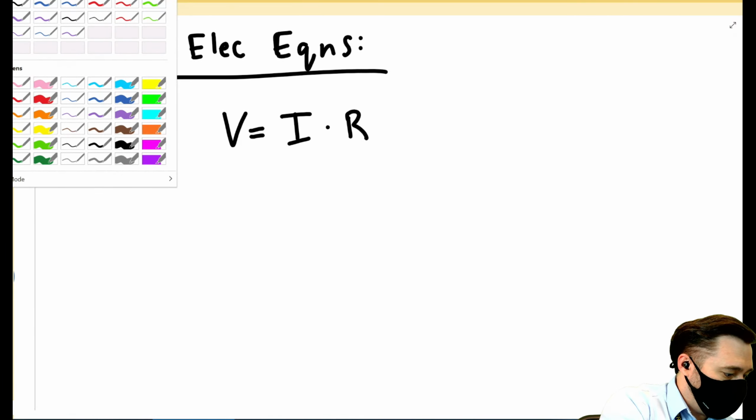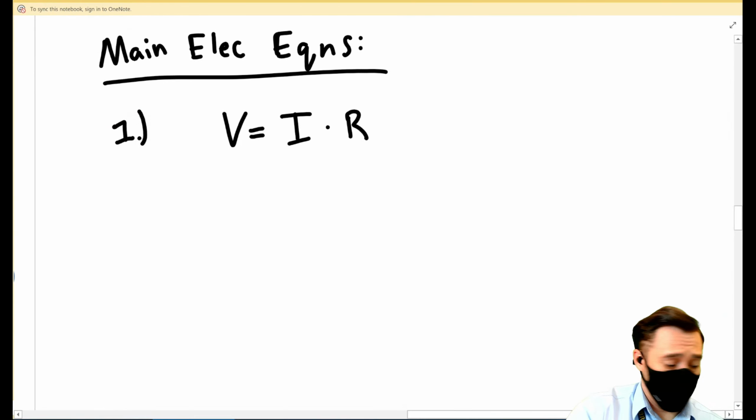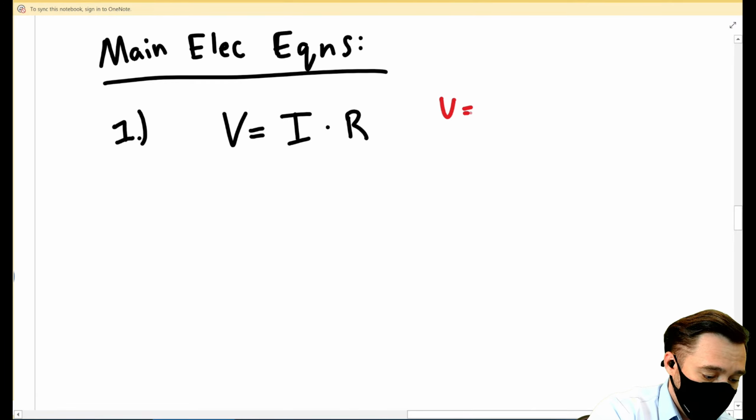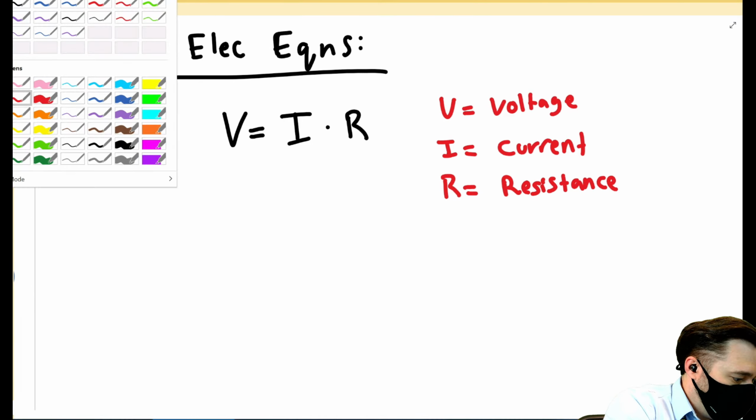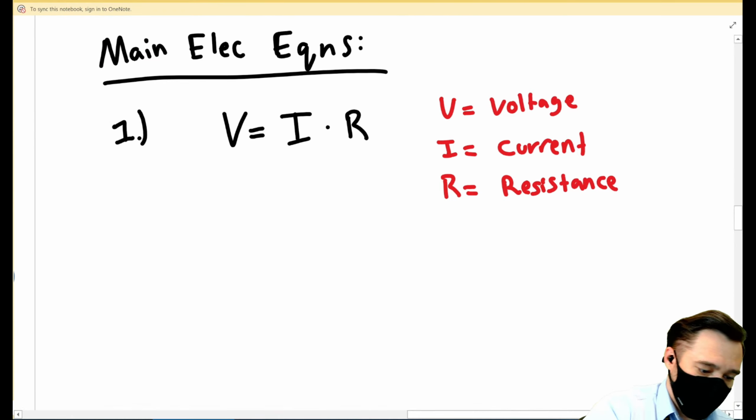So you guys may have seen this equation before. V is voltage. I is current. That's going to be in amps. Let me do the amps in a different color. And then R is, of course, resistance.